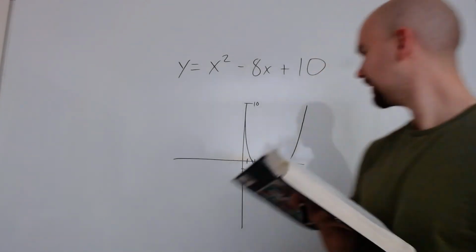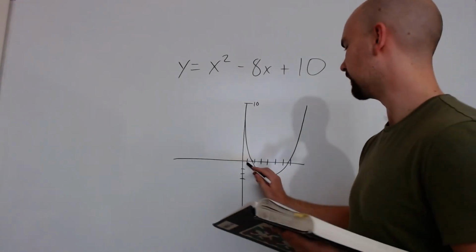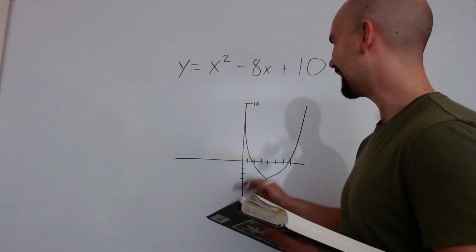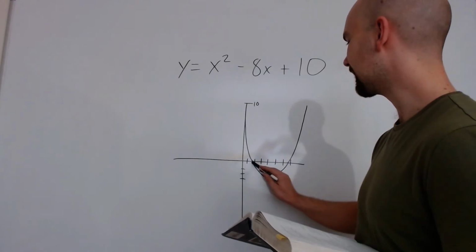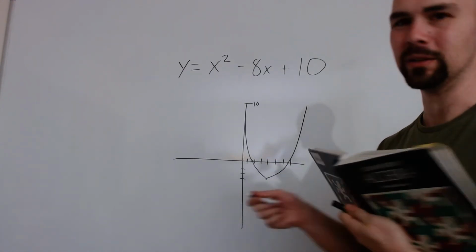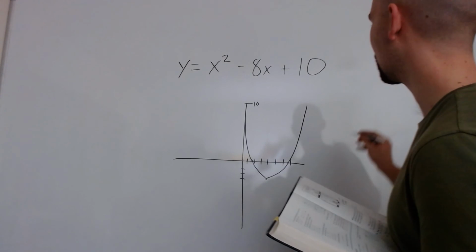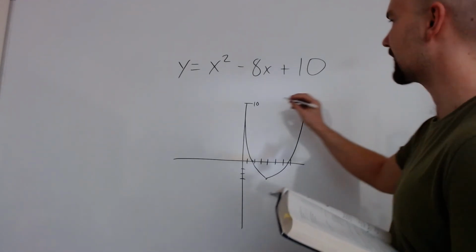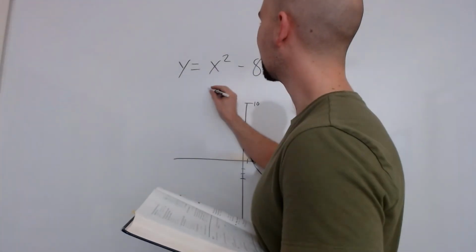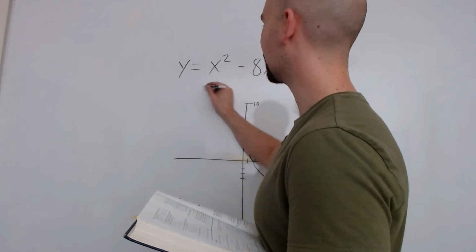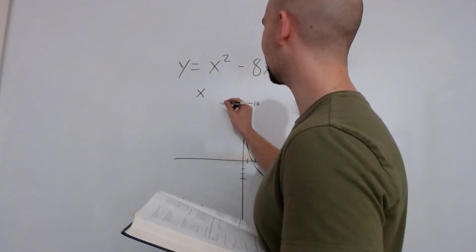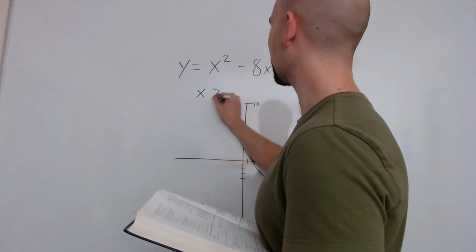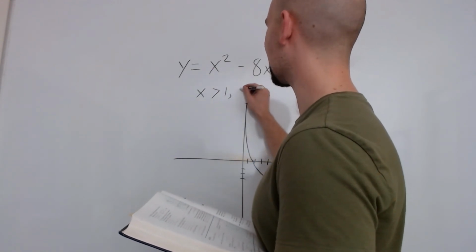One of them is between 1 and 2, because here's 1, here's 2, and you don't know exactly what this solution is, but wherever it crosses the x-axis, that's going to be your solution, because that's where y equals 0. So the answer is going to be somewhere between, X is greater than 1 and less than 2.